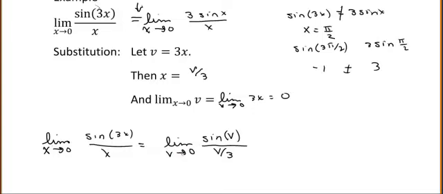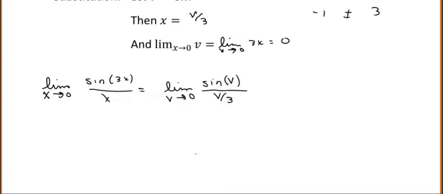Now let's take a look at that. Notice dividing by v over 3 is like multiplying by 3 over v, so this would be the limit as v approaches 0 of 3 times the sine of v over v.